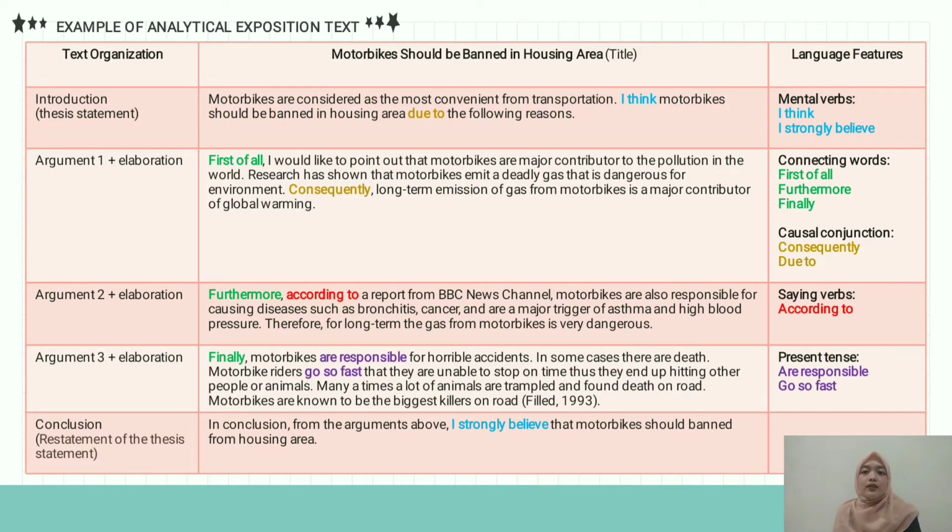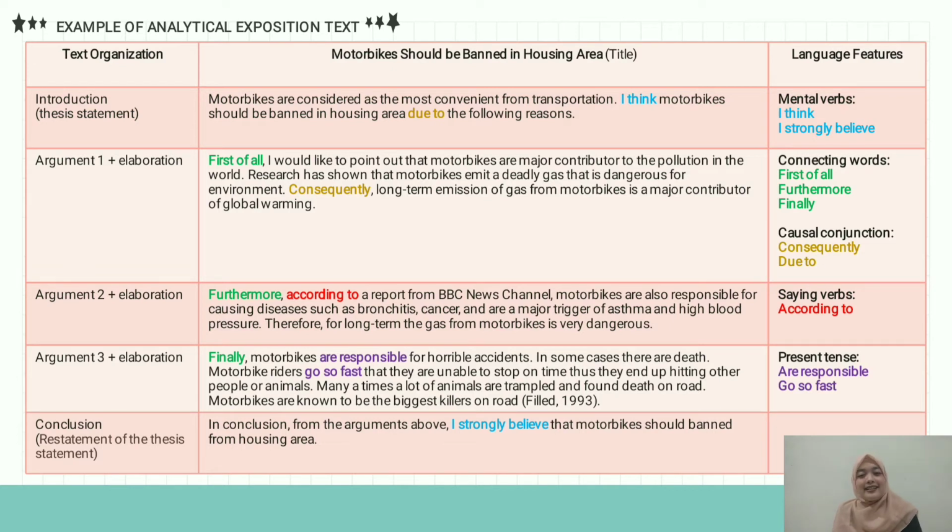Motorbikes are also responsible for causing disease such as bronchitis, cancer, and are a major trigger of asthma and high blood pressure. Ini adalah argumen yang kedua. Selanjutnya ada argumen yang ketiganya juga. And then the last one ada conclusion. In conclusion sudah menandakan kesimpulan. From the arguments above, I strongly believe that motorbikes should be banned from housing area. So they are restating the thesis statement.